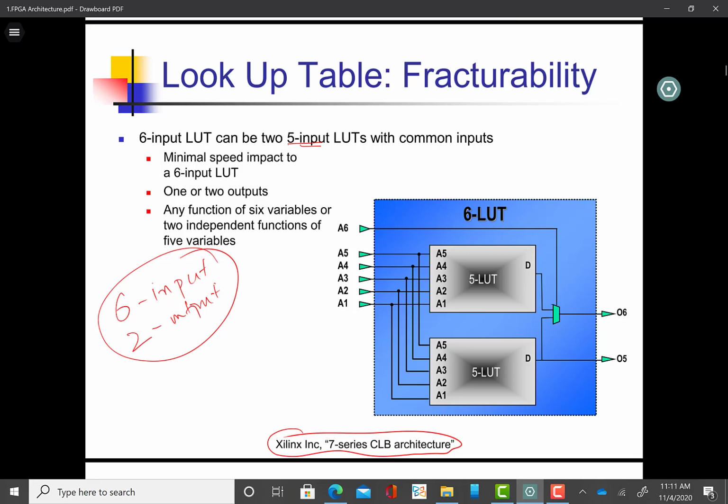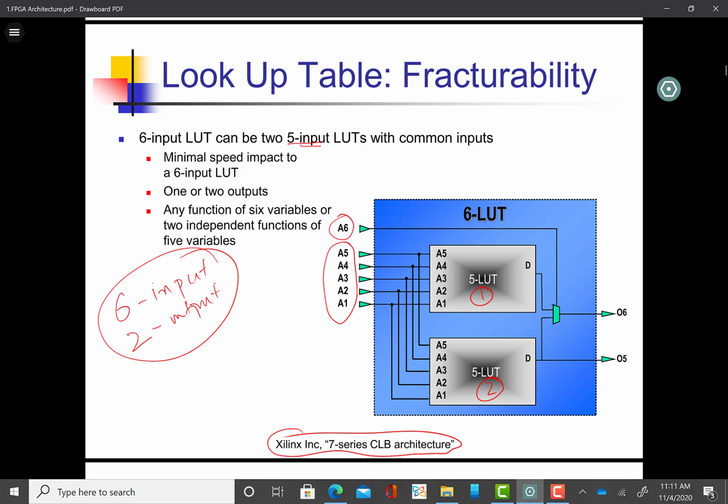It is organized like this: inside a 6 input LUT, we have two 5 input lookup tables. The first lookup table has 5 inputs and the second lookup table has 5 inputs. Call them A1, A2, A3, A4, A5, and they are shorted. These are our 5 inputs. And the 6th input is doing something interesting. It is connected to the select line of a 2x1 mux.